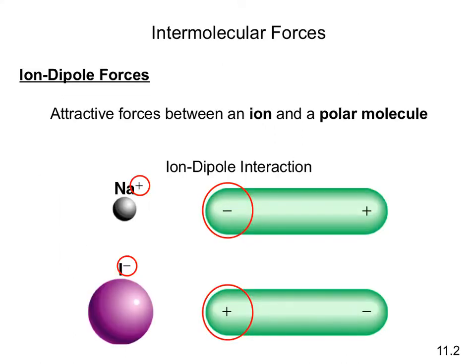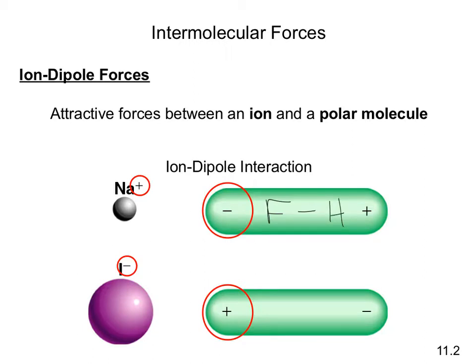So ion-dipole, I said we don't talk about it as an intermolecular force very often, but it is something that you experience a lot. What happens is that the cation is attracted to the negative side of a dipole. Let's say this was like HF.